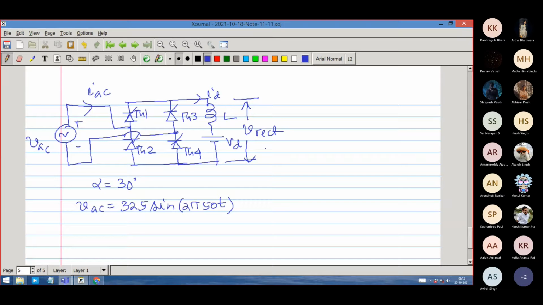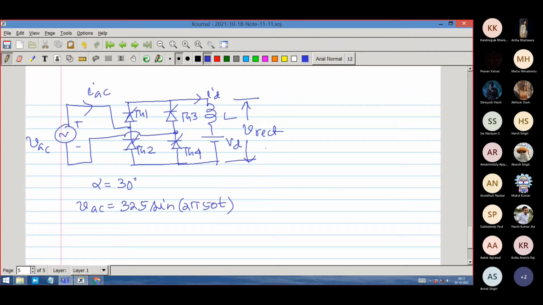That is the only point it can be in CCM, because in CCM its voltage has to match the Vd, since the average voltage of the inductor is 0. So Vd must be precisely matching 2Vm by pi cos alpha. Only at that point can we say it is in CCM.